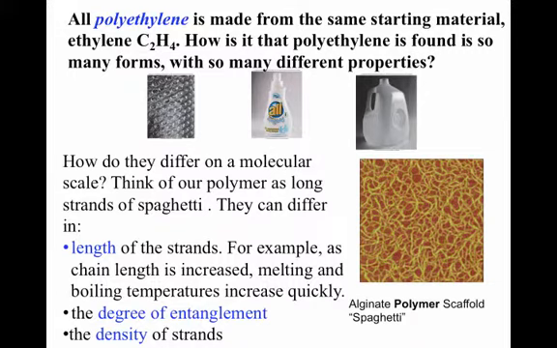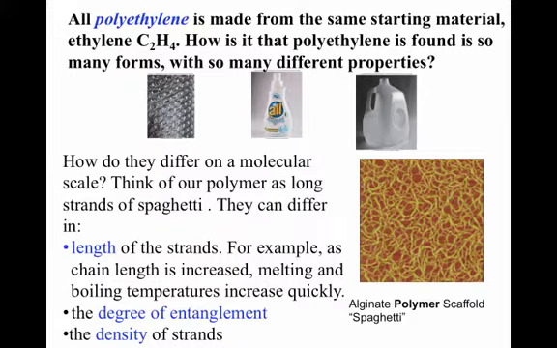One of the analogies that's very popular is strands of spaghetti. If you look at the picture on the right, the alginate polymer scaffolding, spaghetti comes to mind quite quickly. I'd like you to appreciate that the way they can change polyethylene properties in the bulk is by varying the length of the strands.